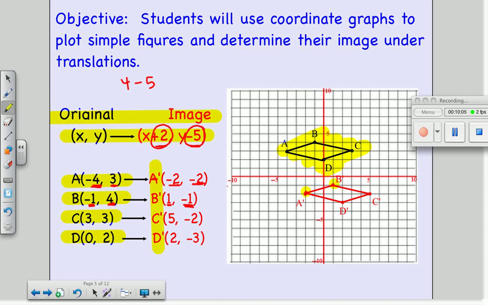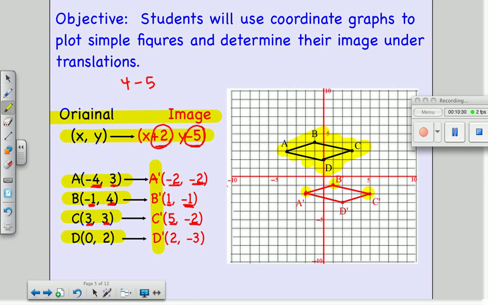C now is at 3, 3. We're going to add 2, so 3 plus 2 is 5. And for the 3, we're going to subtract 5. 3 minus 5 is negative 2. So the new C will be at 5, negative 2. 1, 2, 3, 4, 5, negative 2, there it is.